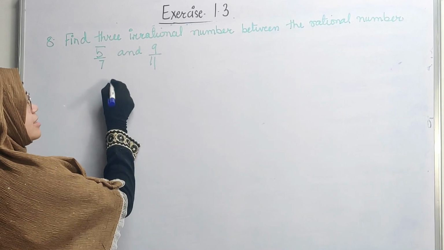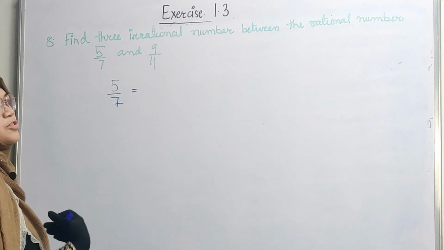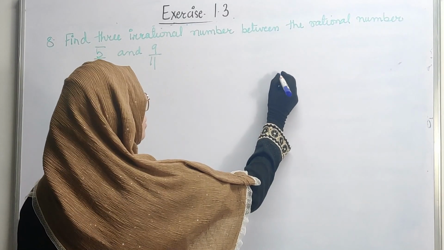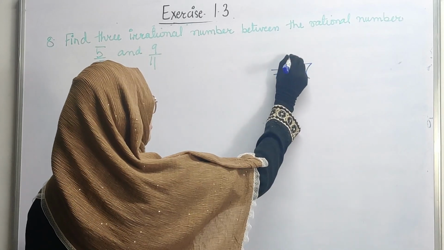So, firstly find out the decimal expansion of 5 upon 7, which is generally by long division method, and we can do it in the side or in the rough column. 7, 5.